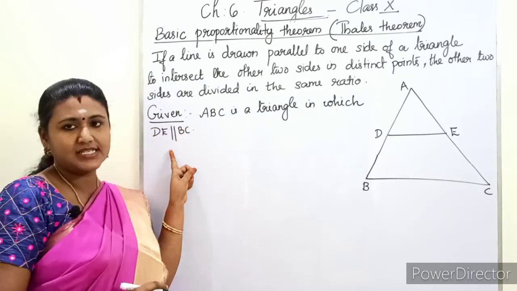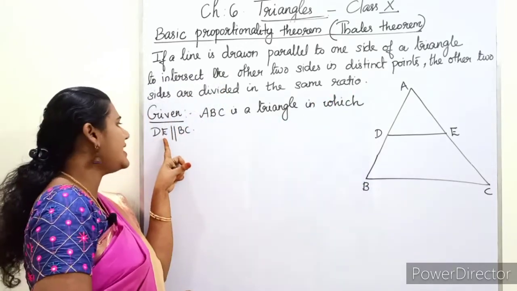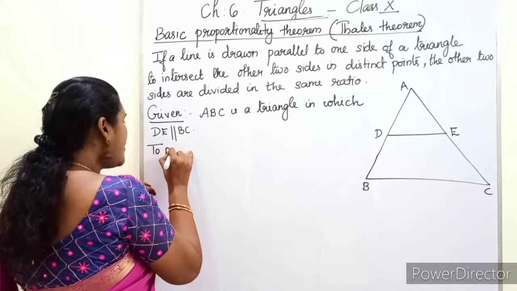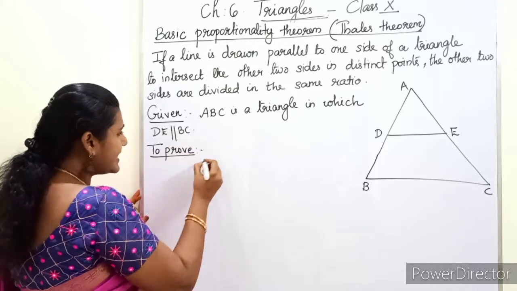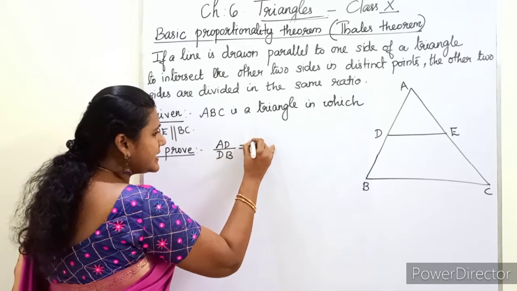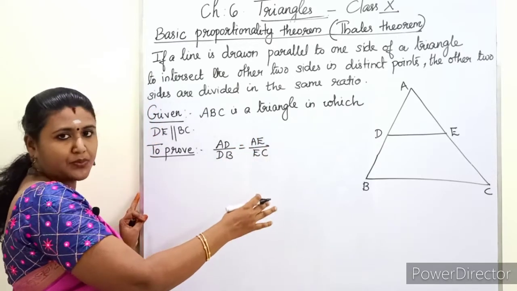So ABC is a triangle in which DE is parallel to BC. Now what do we have to prove? The sides are divided in the same ratio. That is, we have to prove AD by DB is equal to AE by EC.